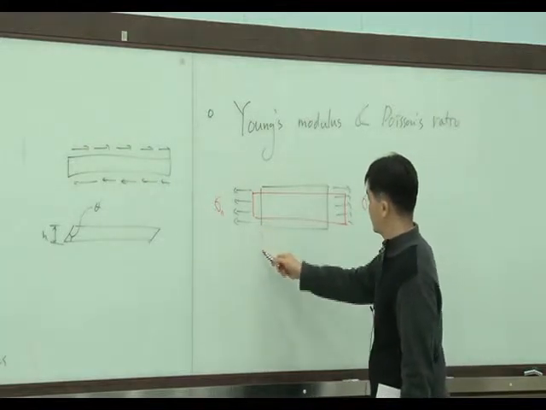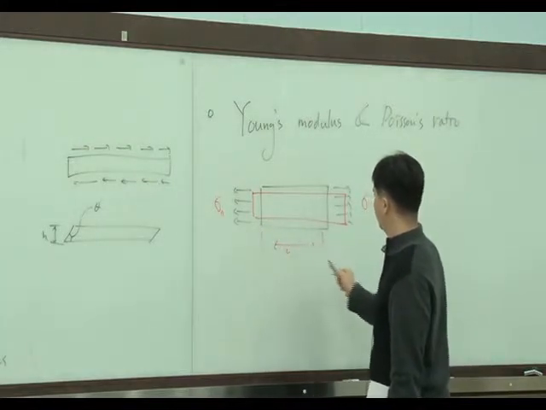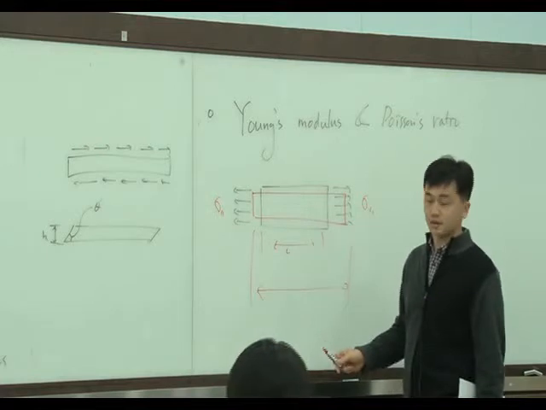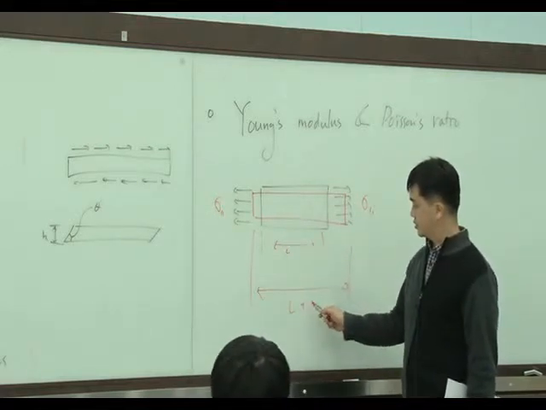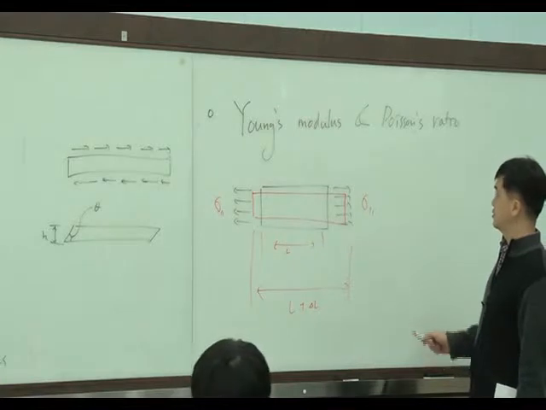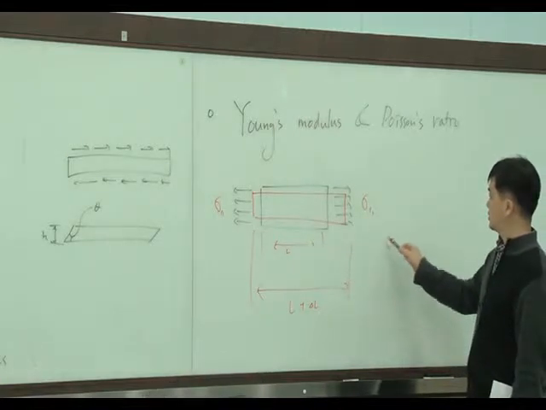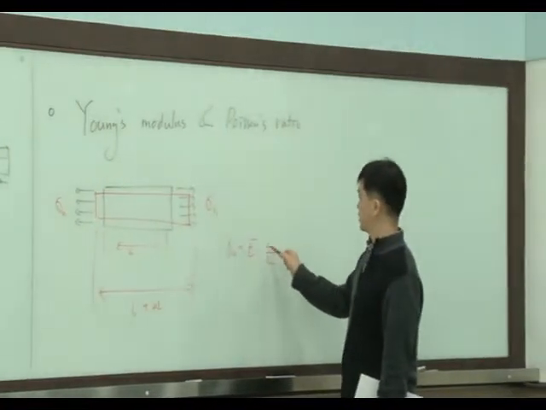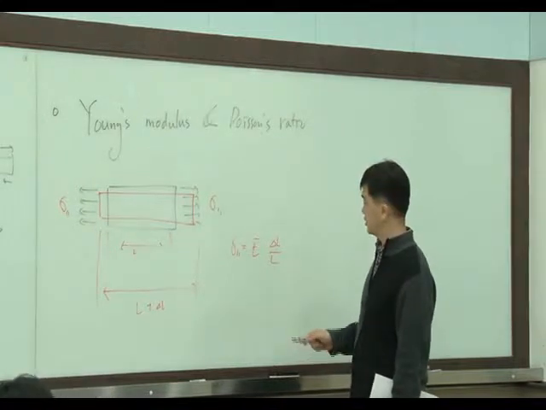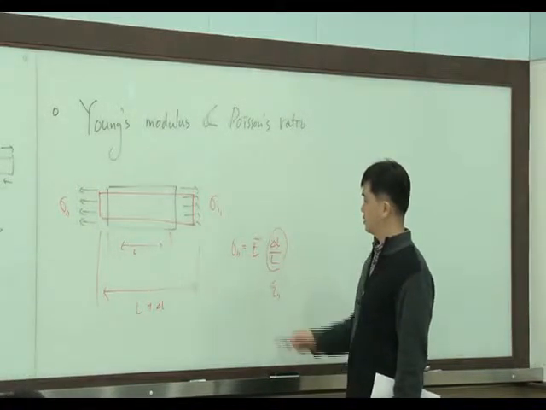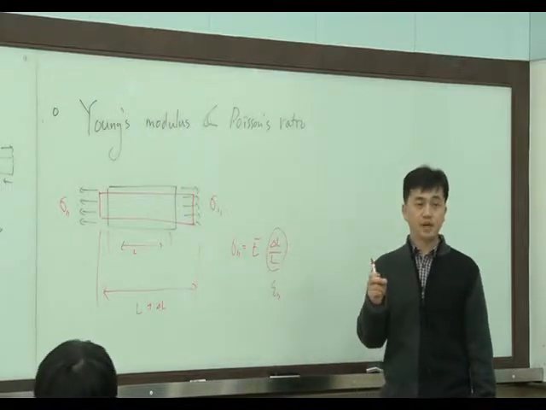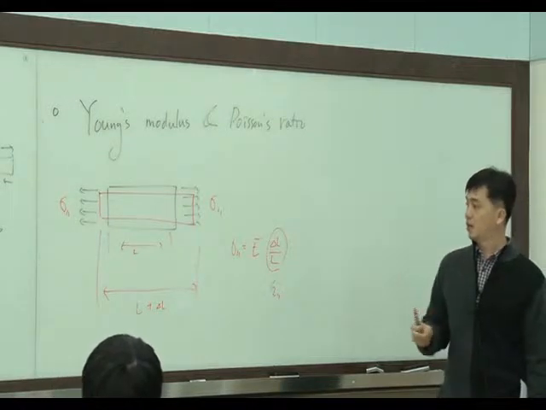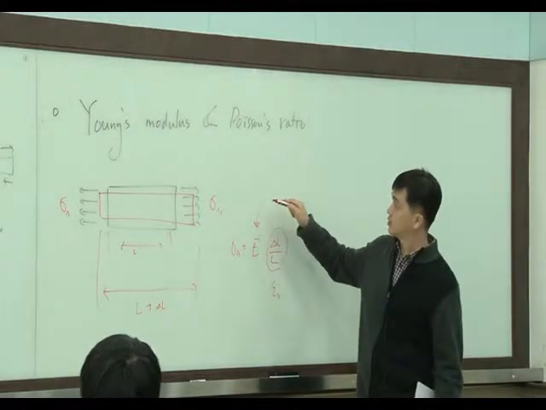So let's say the initial length equals L and additionally it becomes L plus delta L. Stress 1, 1 equals E times, L over delta L, something like that, right? This is strain 1, 1. So by measuring the length change of this bar, we can calculate the Young's modulus, right?